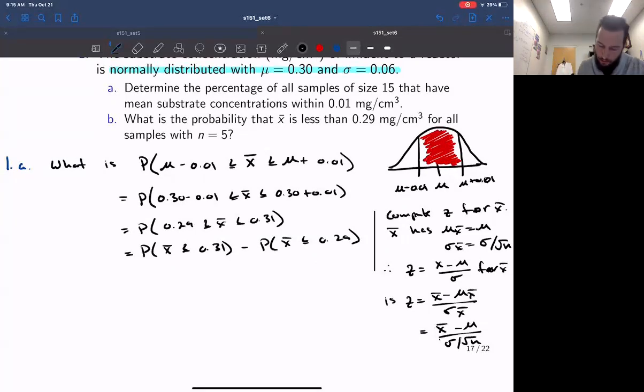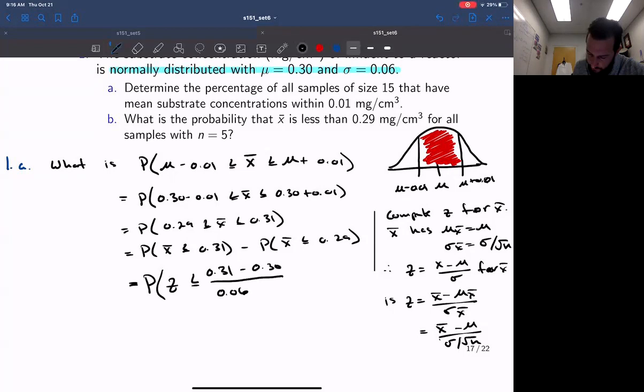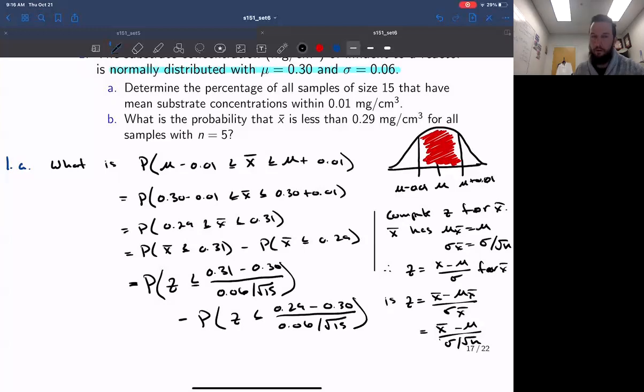So basically now these statements become the probability that Z is less than or equal to 0.31 minus 0.3 divided by 0.06 over the square root of 15, minus the probability Z is less than or equal to 0.29 minus 0.3 over 0.06 divided by the square root of 15.